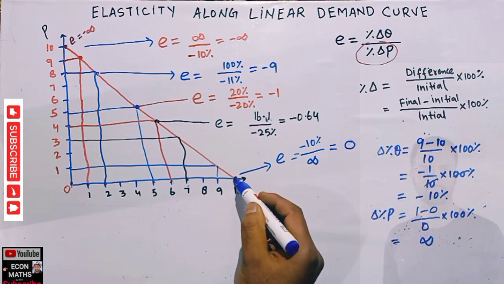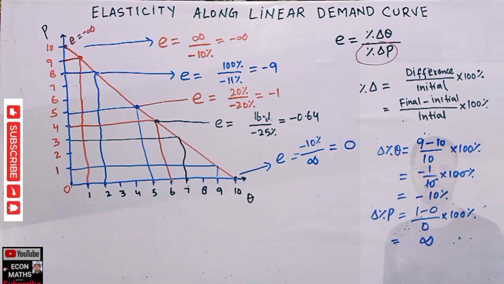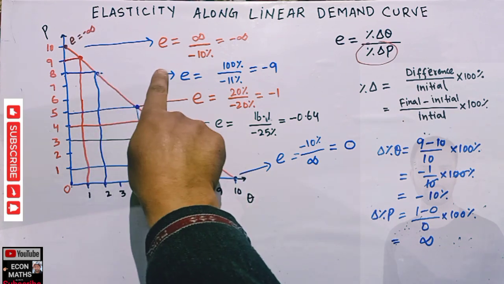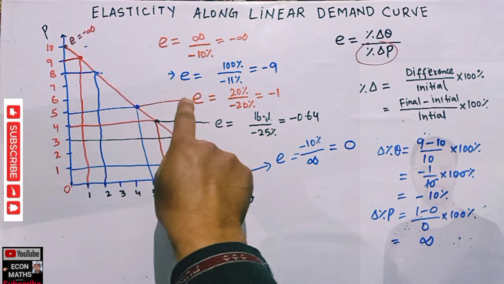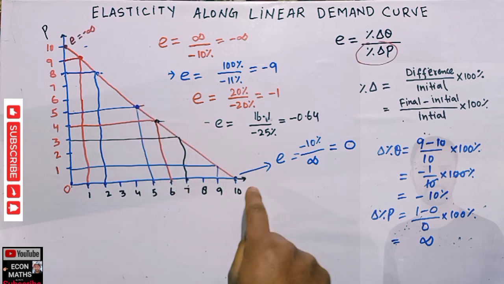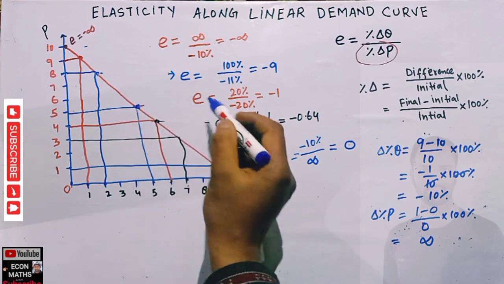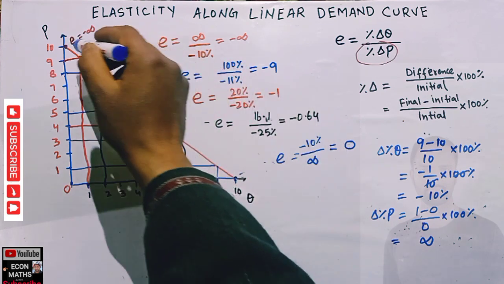Okay, so at this point, the point that I want to make here, let me rub this out first. If this is our midpoint, our elasticity was 1.